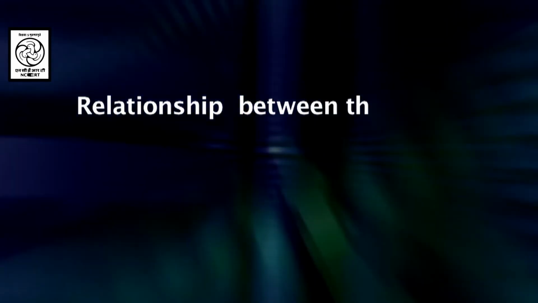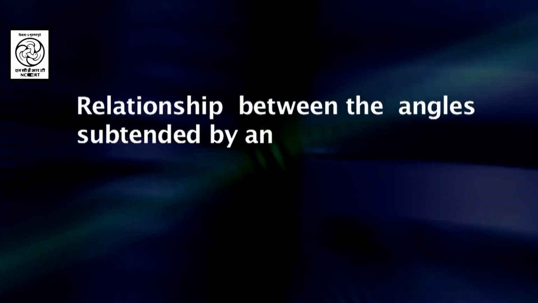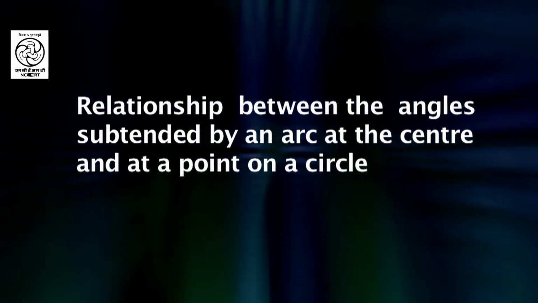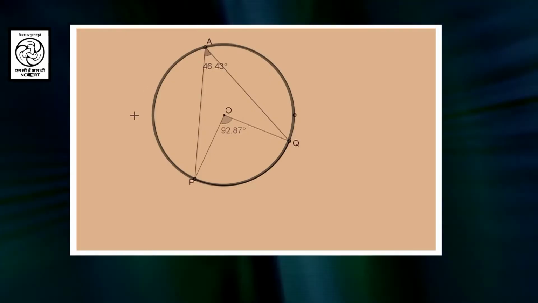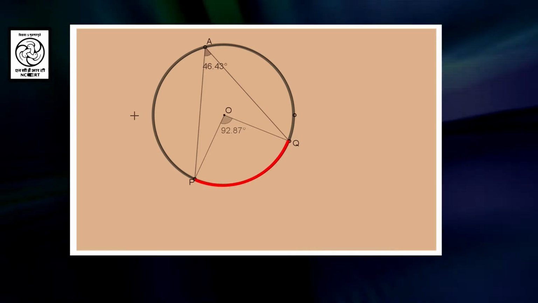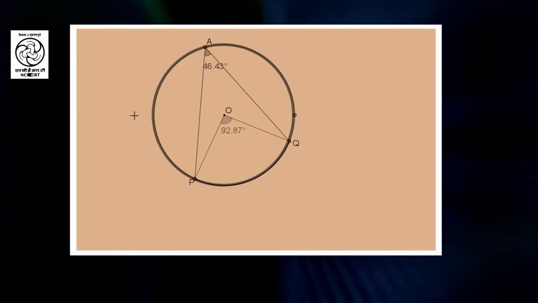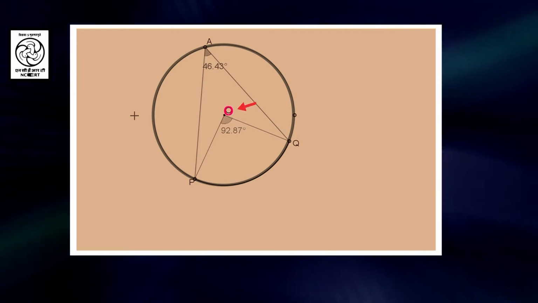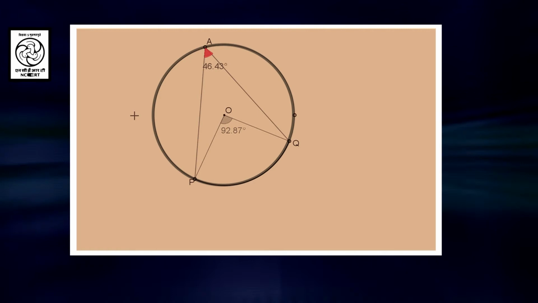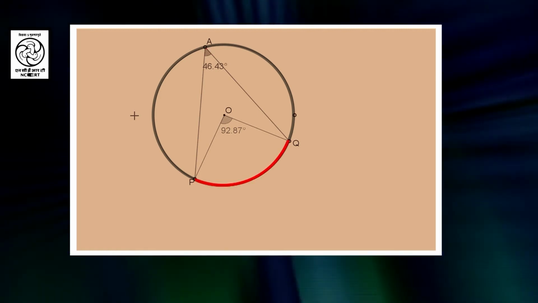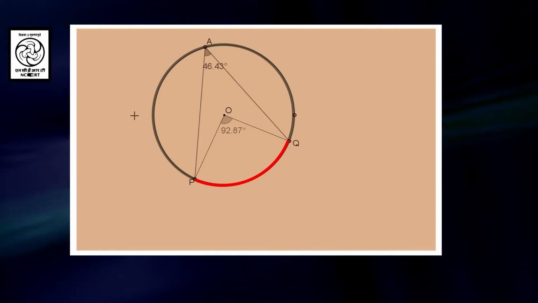Now, let us study the relationship between the angle subtended by an arc at the center and at a point on the circle. In this circle we have an arc PQ, O is the center, angle POQ is the angle subtended by the arc at the center O, and angle PAQ is the angle subtended by arc PQ at any other point on the circle.